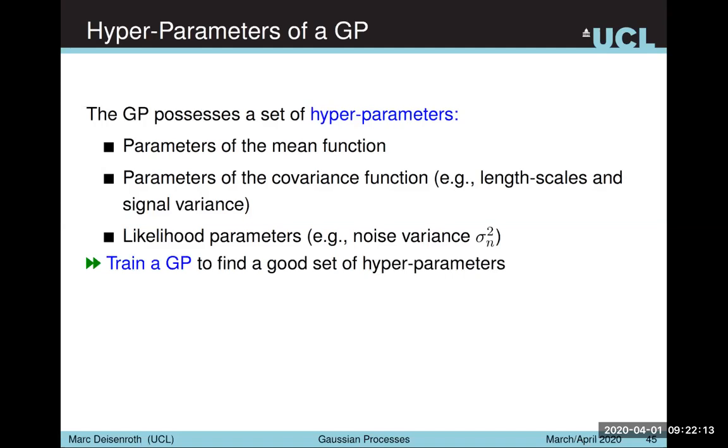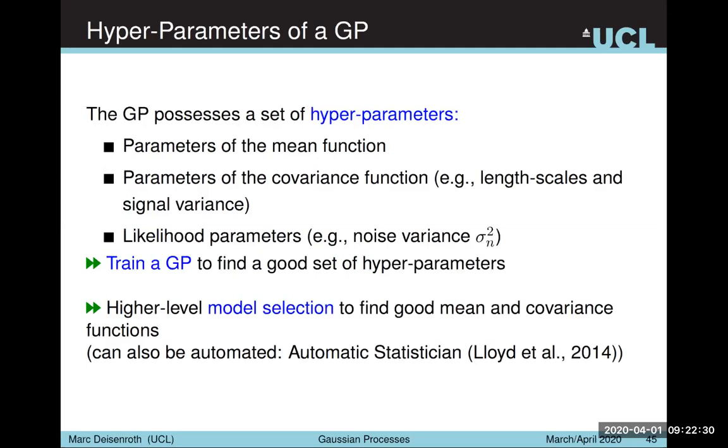So when we talk about training a Gaussian process, which will also come up later, it's basically about finding a good set of hyperparameters. And then we can talk about higher level model selection for mean and covariance functions. The automated statistician, which I mentioned yesterday, already automates this in some way.